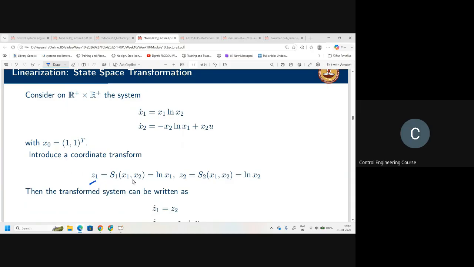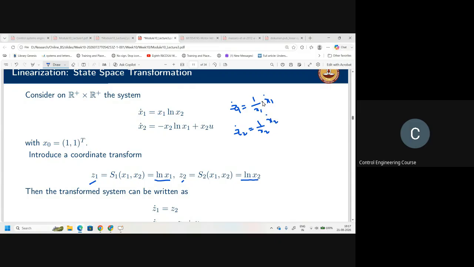Suppose in the first case, we choose a state variable z1, which is a function of x1 and x2, that function is ln x1, and another state variable z2 of the form ln x2. Then z1 dot will be 1 by x1 into x1 dot, right? And z2 dot will be 1 by x2 into x2 dot.